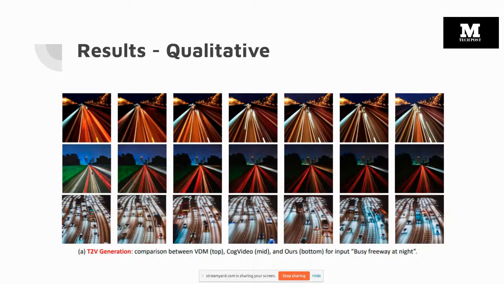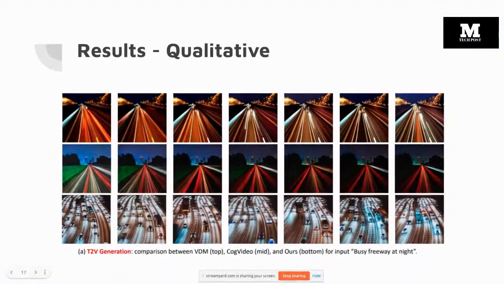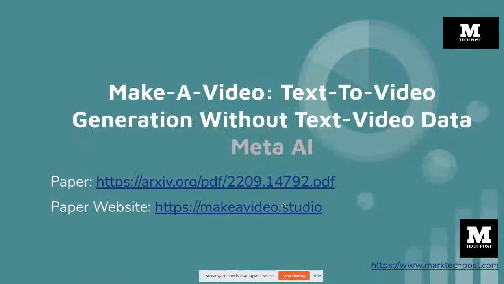You can see that the first two models understood the semantics and are able to generate meaningful videos. This is, of course, the sequence of frames into a video. But Make-A-Video, of course, is much better than the other ones. You can see there are cars and so on and so forth.